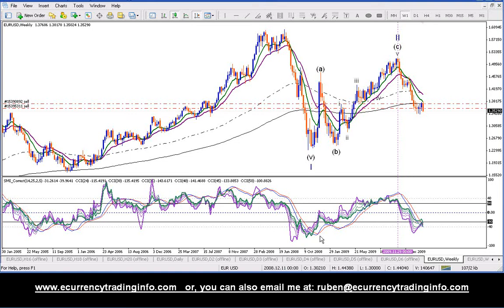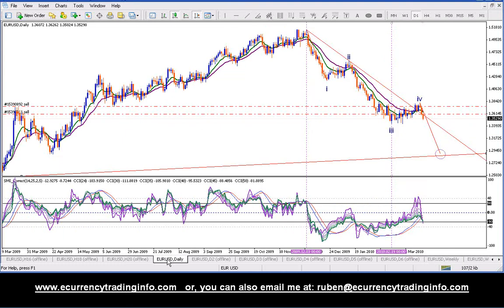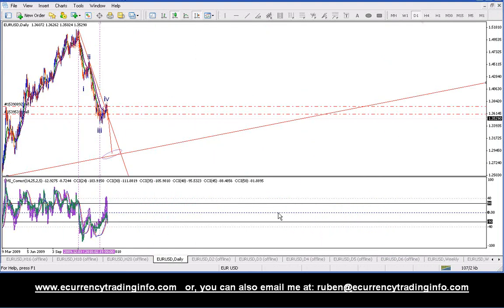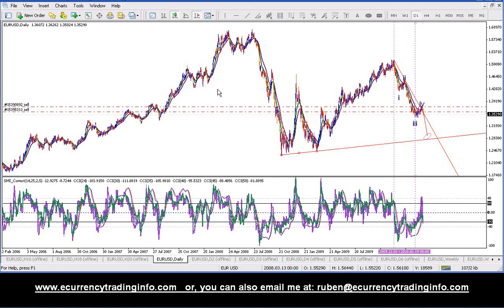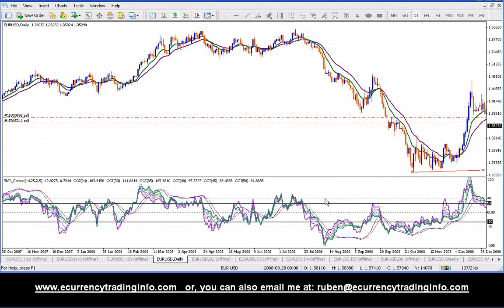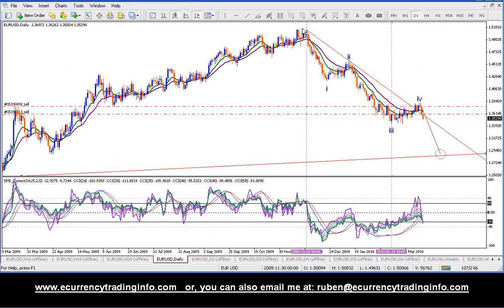So let's go to the daily now, just to look at it. Here is this bigger structure, and now we can focus on this leg only, on this wave only, the 3 or the C. We have at the moment 1, 2, 3, hopefully 4 is finished.